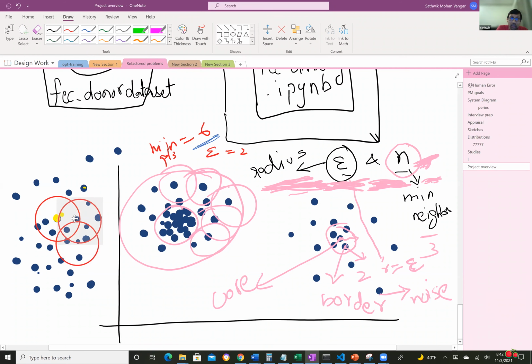Now, it's not that the circles will overlap each other. You have only one circle at a point at a time, right? So if you guys remember the k-means thing, we had iterations, right? In each iteration, we pick a new point, we assign it to some cluster, and then we move on, right? It's the same concept here as well.